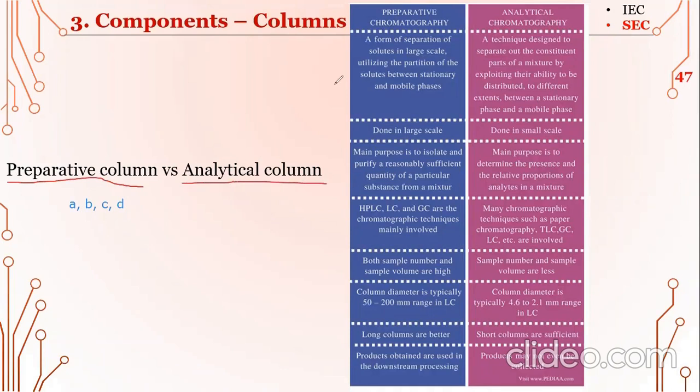सर हमारे पास ज्यादा मिक्सचर है सैंपल्स का, इस वजह से। Like अगर हमारे पास एक मिक्सचर है A, B, C, G 4 proteins हैं, so what we do, either we need to prefer preparative columns or we need to go for an analytical column.